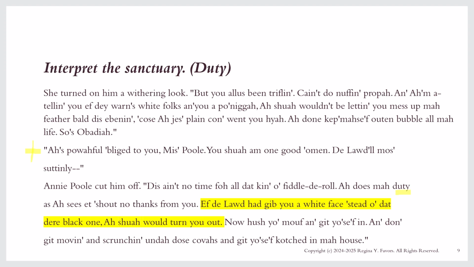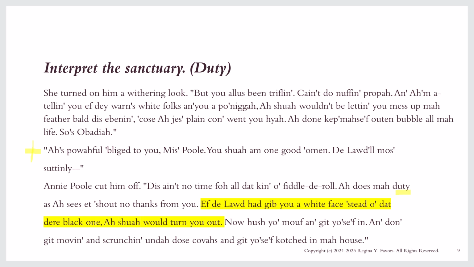He's performing here. "I'm obliged to you. You sure are a good omen, most suddenly." But she knows who he is. That's why she cut him off. Basically she said, I don't have time for all this sweet talk you're giving me. It's my duty, no thanks to you.